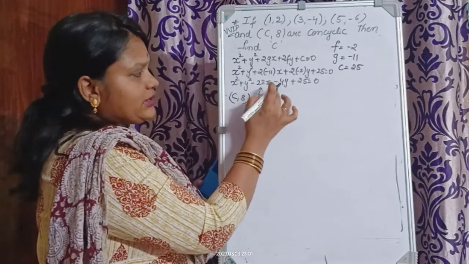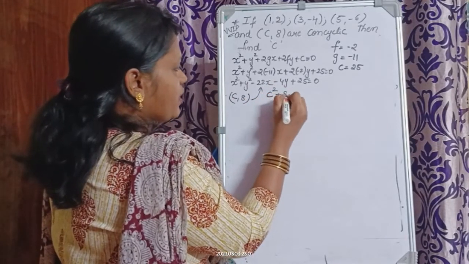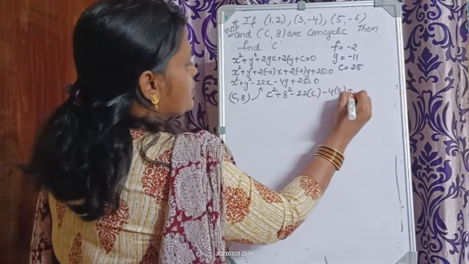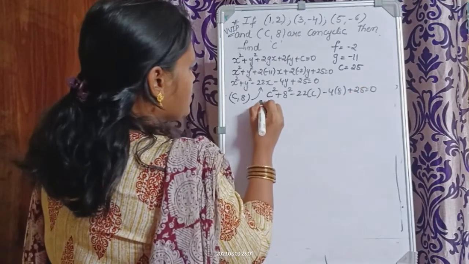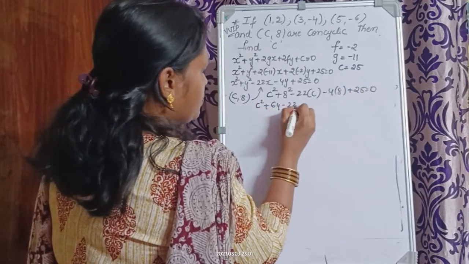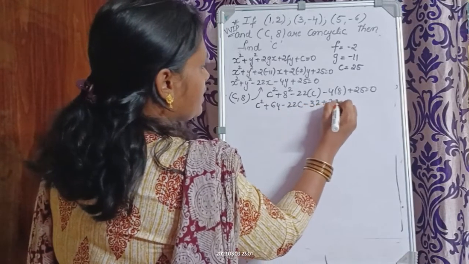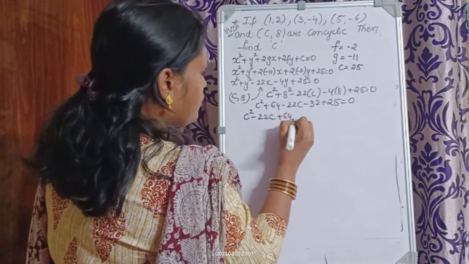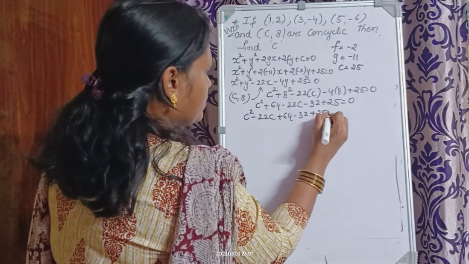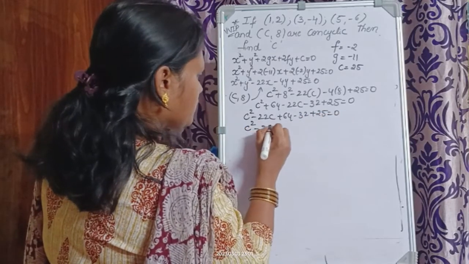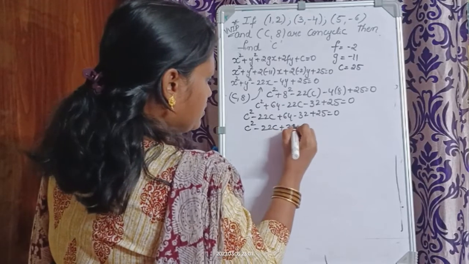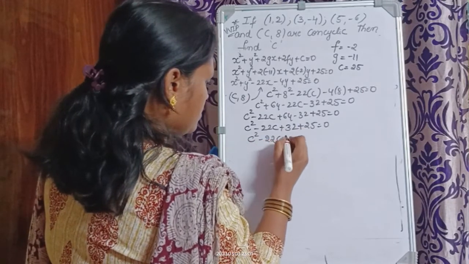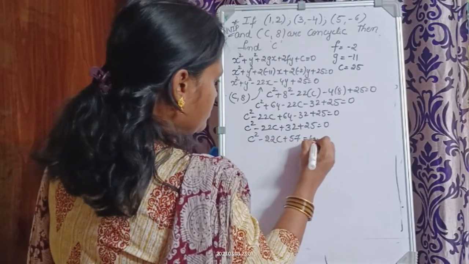So substituting these values in this equation, x square plus y square minus 22x minus 4y plus 25 is equal to 0, we get c square plus 64 minus 22c minus 32 plus 25 is equal to 0, c square minus 22c plus 64 minus 32 plus 25 is equal to 0, c square minus 22c plus 57 is equal to 0.